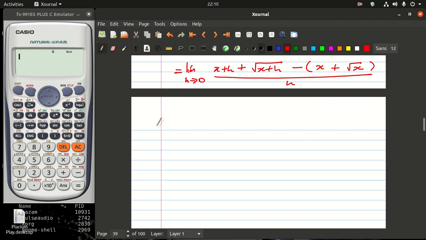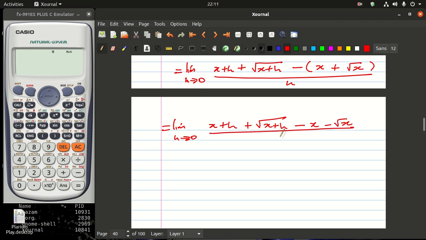And then of course, we will continue to simplify this limit. We know how to deal with limits, so I have x plus h, and then plus the square root of x plus h, and a minus times a positive is going to be a minus, and you divide this whole thing by h.